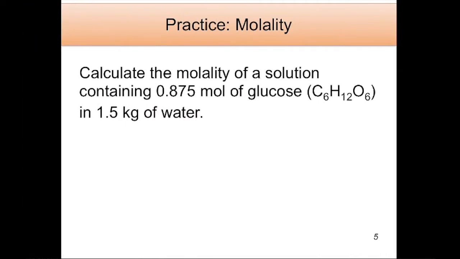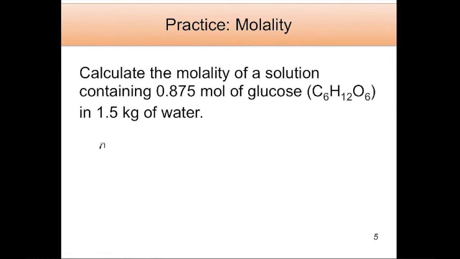So here's a quick example to determine the molality of a solution. Now this is the simplest example possible because I'm giving you both the moles and the mass of the solvent. So this is simply just dividing the moles by the kilograms.